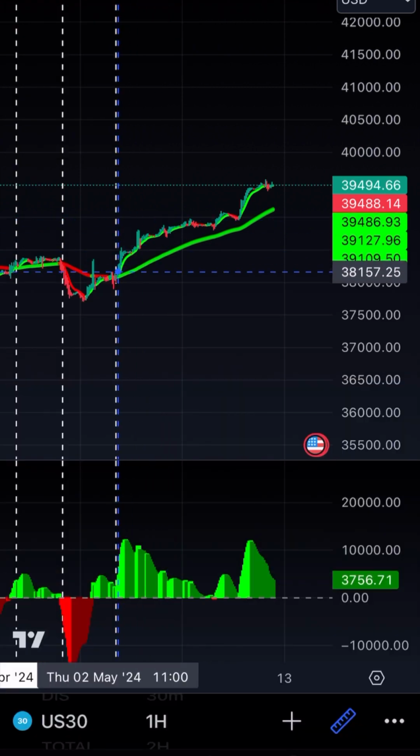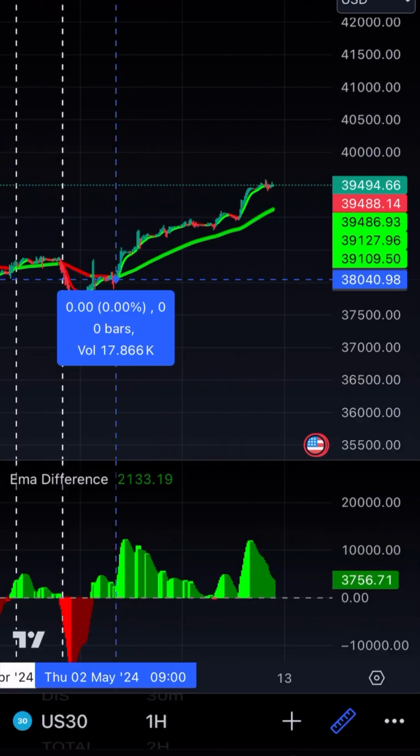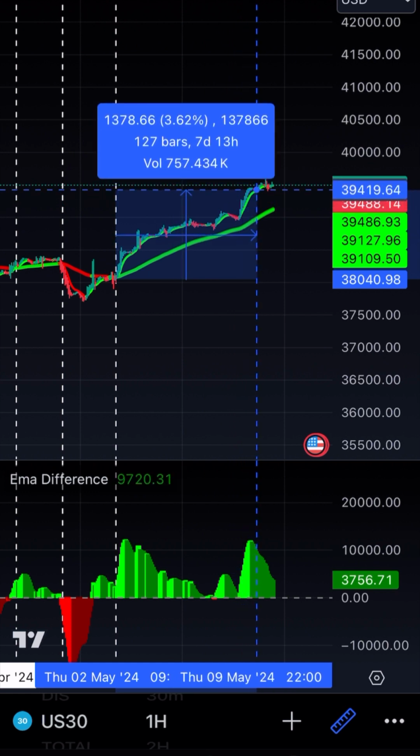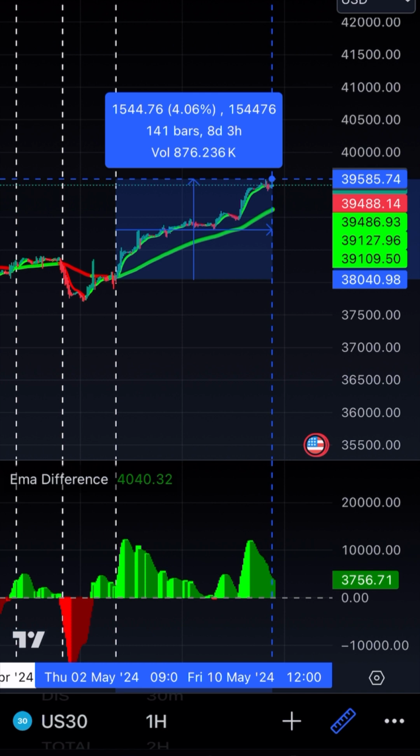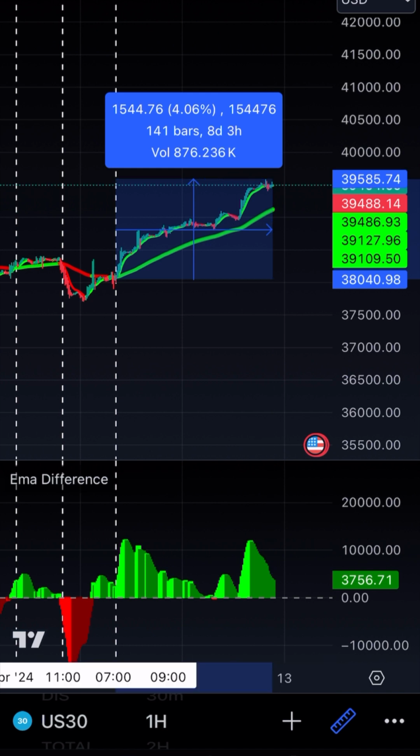If you rode this entire thing out, it has never returned to the point where it crossed. This is 8 days so far, and this would have basically turned 1 cent into $1,544 if you rode that entire thing out in 8 days.